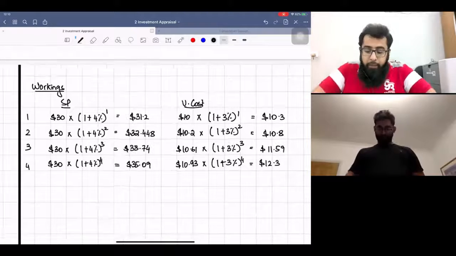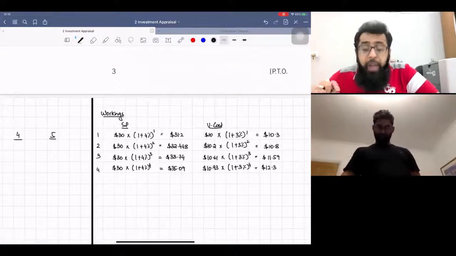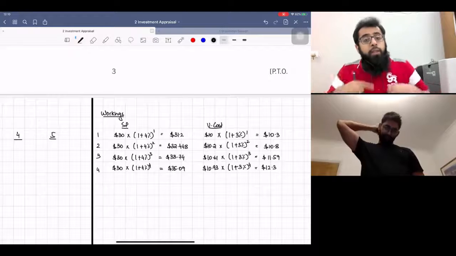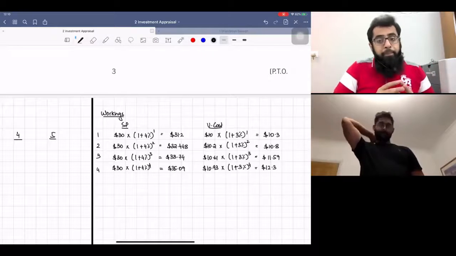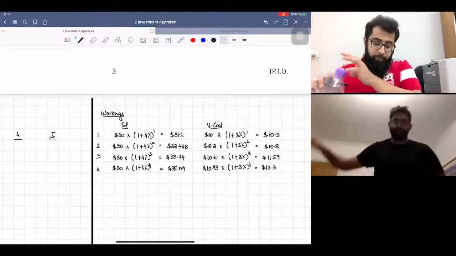So this was a new issue here, that we have to deal with different costs and then inflate them.